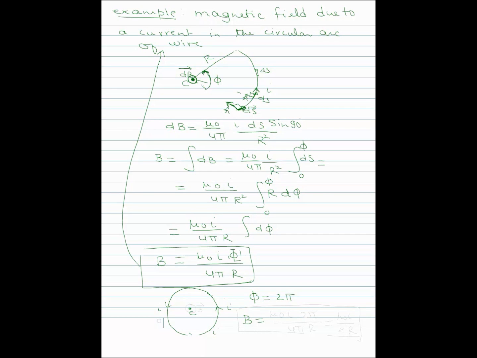So the magnetic field will turn out to be mu 0 I 2 pi divided by 4 pi r, which is nothing but mu 0 I over 2r. This is the magnitude, and the direction will be coming out at you. The direction is the same due to all the little ds's. Just use your right hand rule and you will see that ds cross r hat will always be pointing out at the center of this circular current carrying wire.